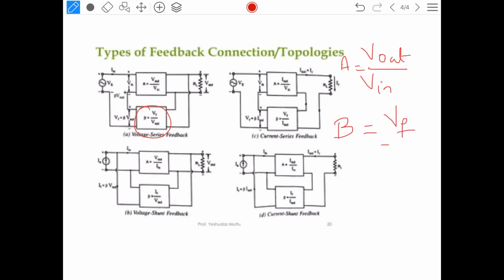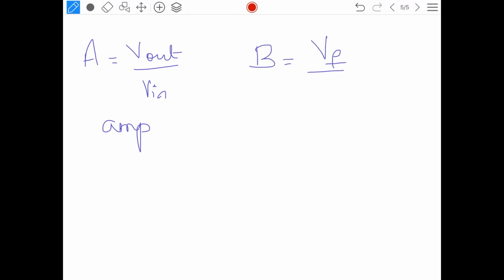Feedback voltage. What is the input to the feedback network? Vout. B is the gain of a feedback network. A is the gain of an amplifier. The equations would be A is equal to Vout by Vin for the amplifier network. Similarly, B, gain of a feedback, is feedback voltage by its input voltage, that is the output for the feedback network. These equations we all need to remember.